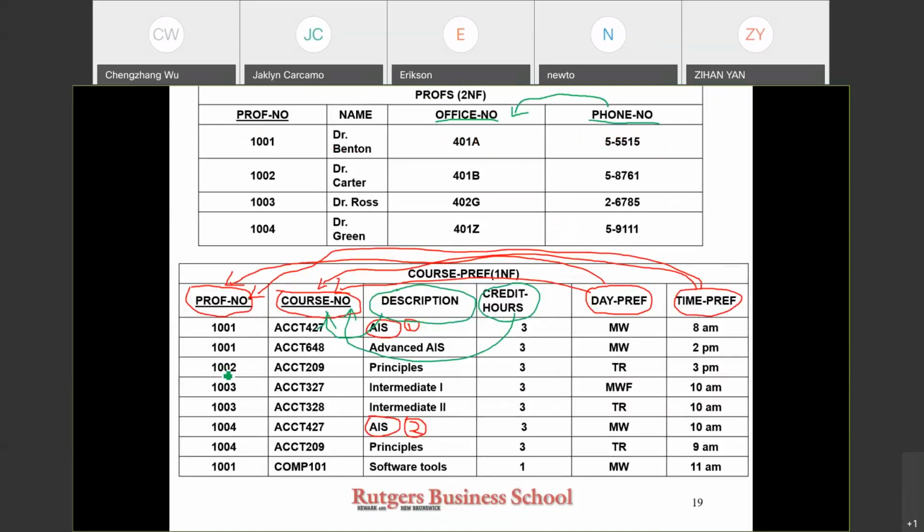Thus, the insert and delete anomalies outlined for the second normal form professor table may be deemed acceptable, and the organization may decide to leave this table just in second normal form.